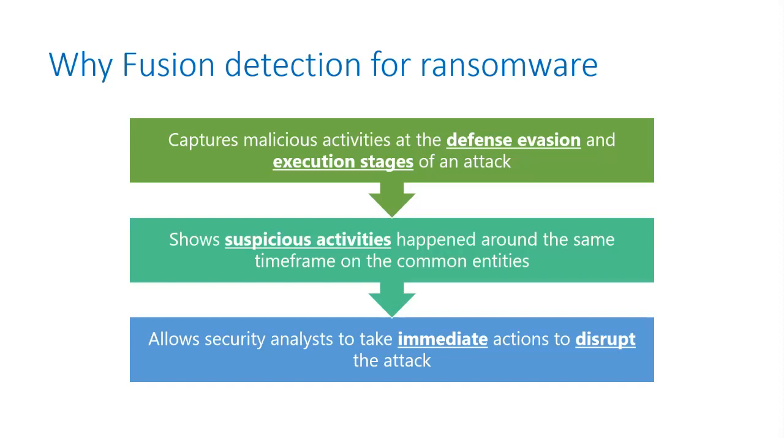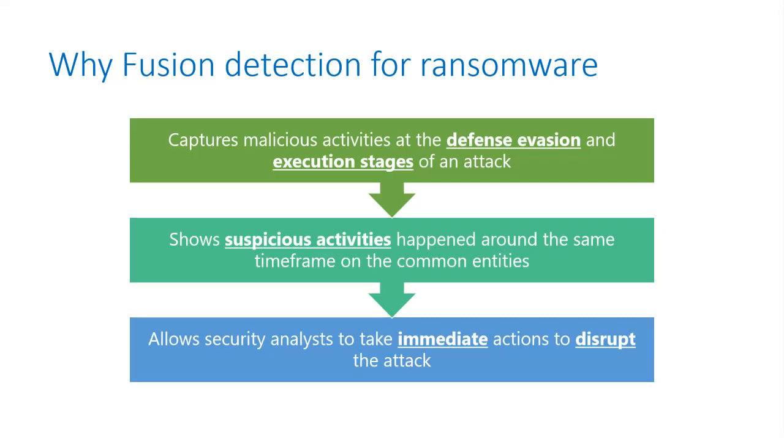Fusion detection for ransomware captures malicious activities at the defense evasion and execution stage of an attack. That means at this stage we're seeing alerts regarding ransomware detected, ransomware prevented, or related techniques, for example malware detected, malware prevented, these types of alerts.